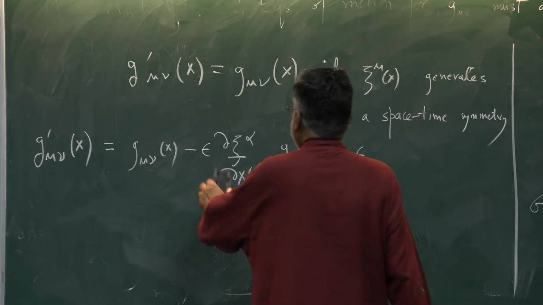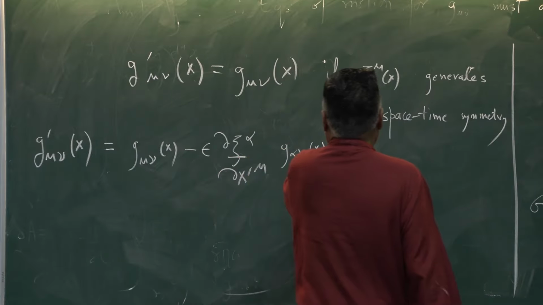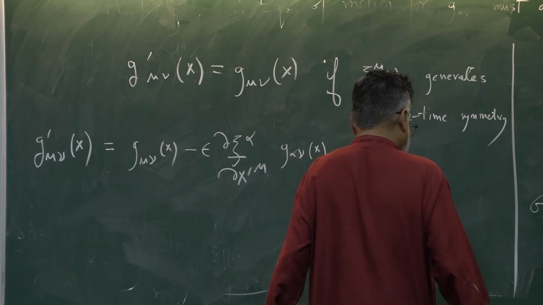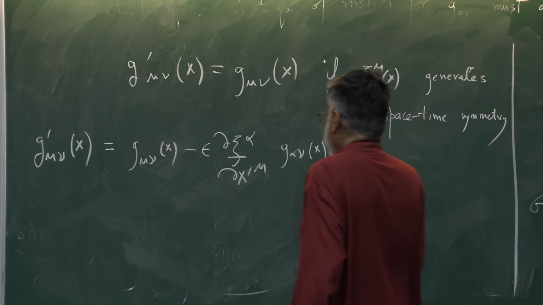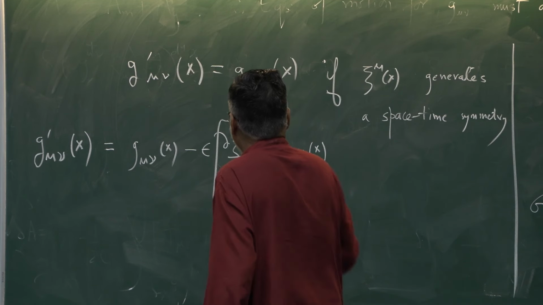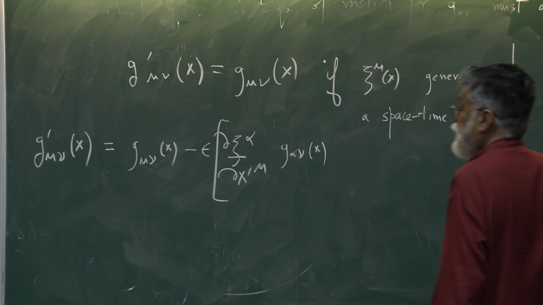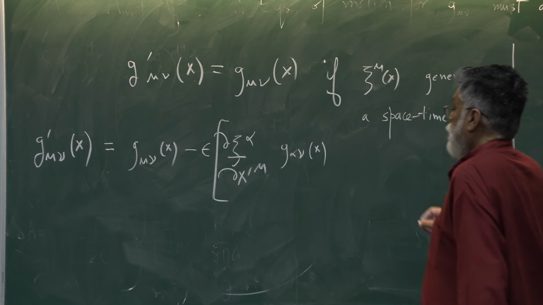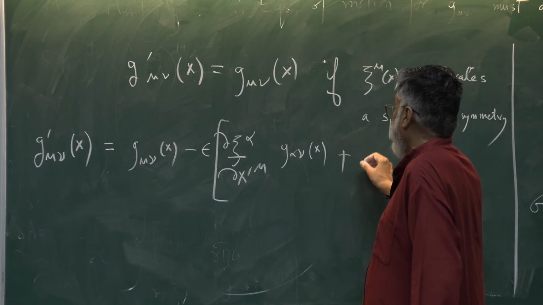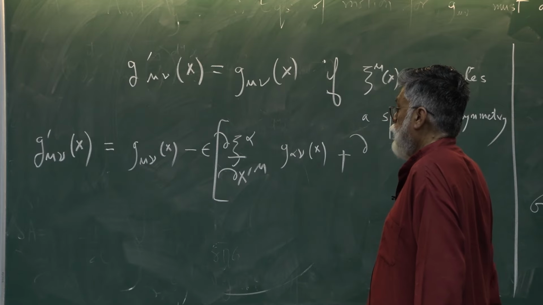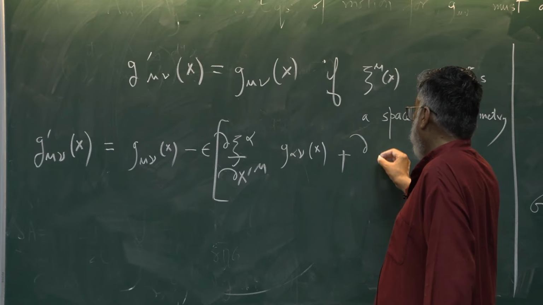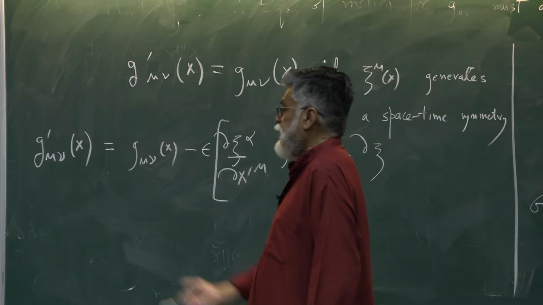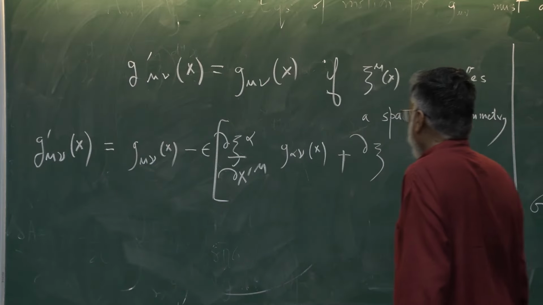Oh, by the way, epsilon I can take common, no? So why am I carrying the baggage of epsilon? So I can take the whole epsilon common: minus epsilon, del xi alpha by del x prime mu g alpha nu plus del xi beta, but instead of saying beta, after all beta is a dummy variable, I might as well call it alpha.